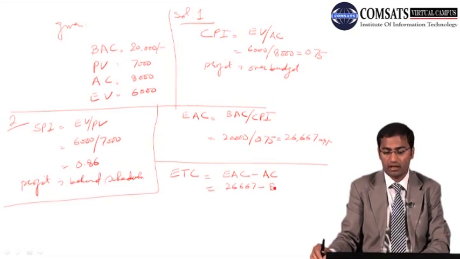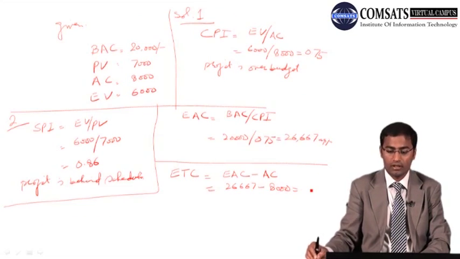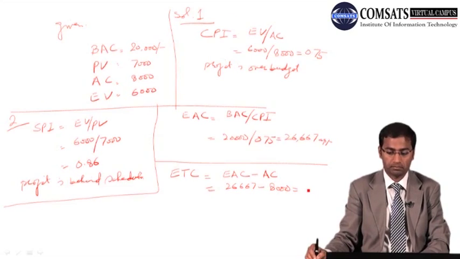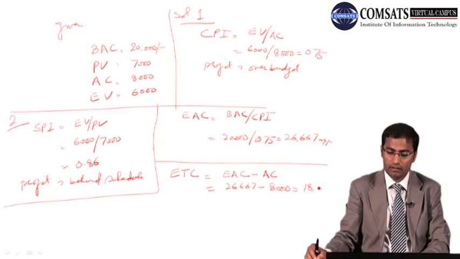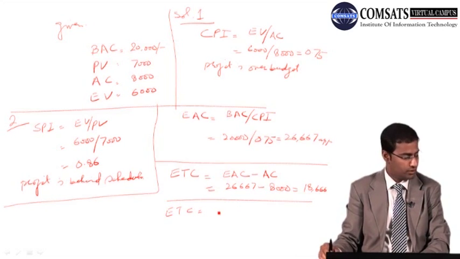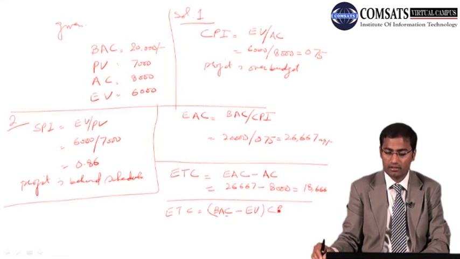AC is given over there, 8,000. And that becomes 18,666. Okay. We have another formula, and that is ETC is equal to BAC minus EV, divided by CPI.